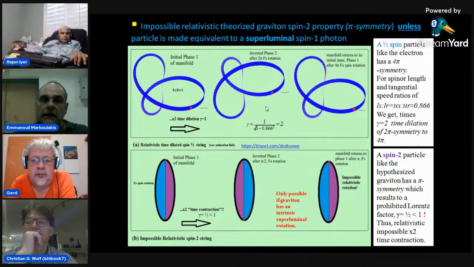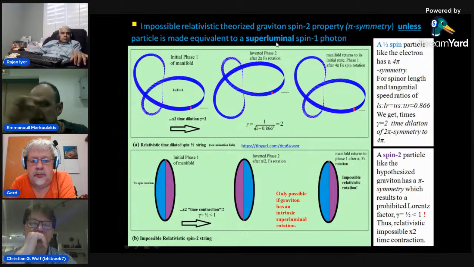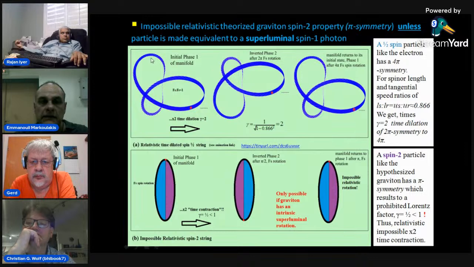So if we say that the graviton is the elementary vacuum particle, there's another kind of evidence or analysis, whatever you like. The standard model says that if there is a graviton, it must have spin 2.